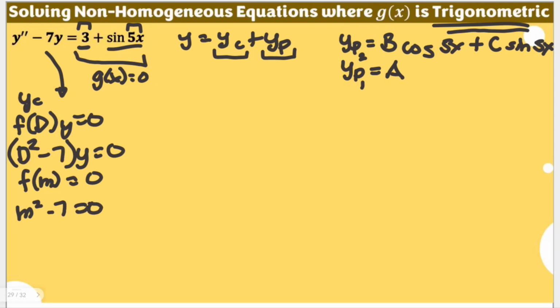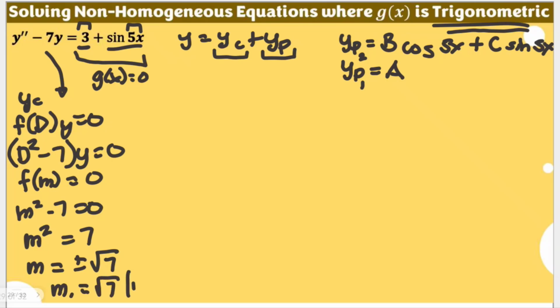So we can solve for y sub c by solving for the roots of this equation. You have m squared equal to 7. By extracting square roots of both sides, you will have plus or minus square root of 7. Hence, your first root is the positive square root of 7, and your second root is the negative square root of 7. Even if we have square roots, they are still real numbers.